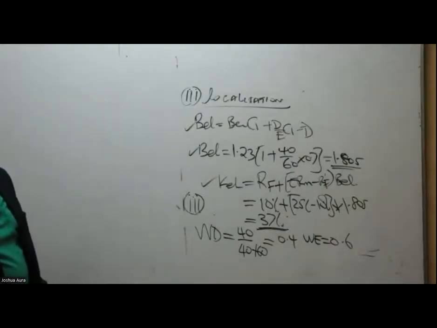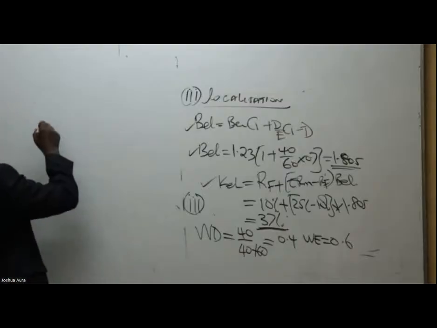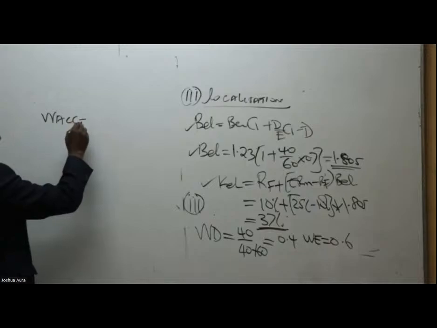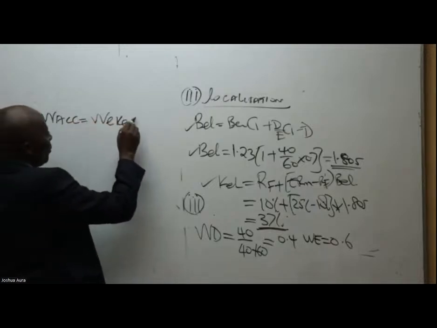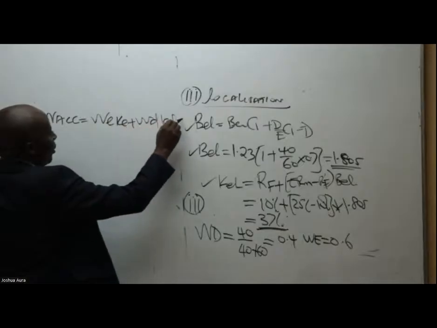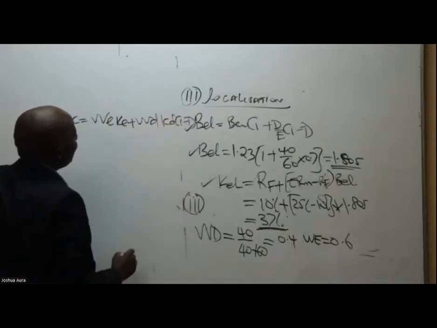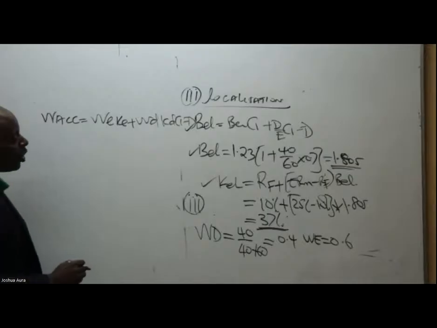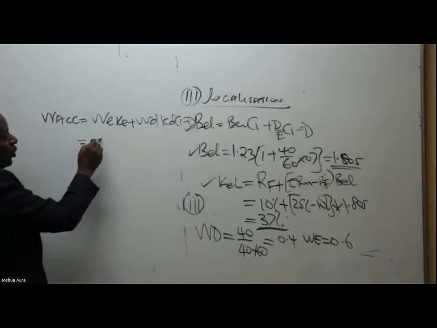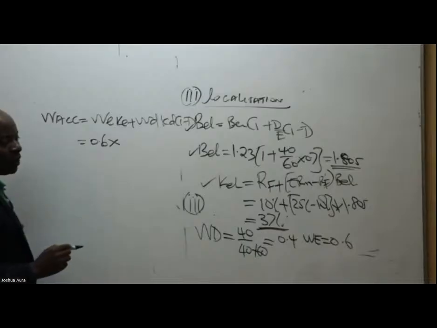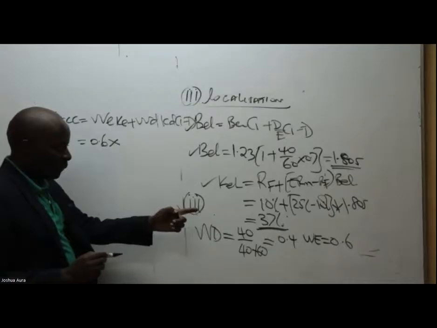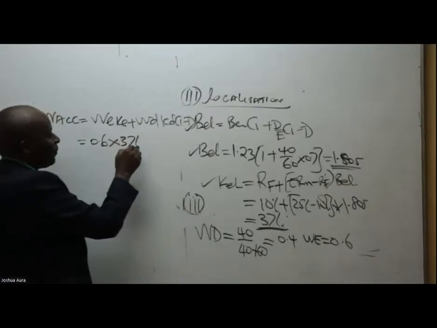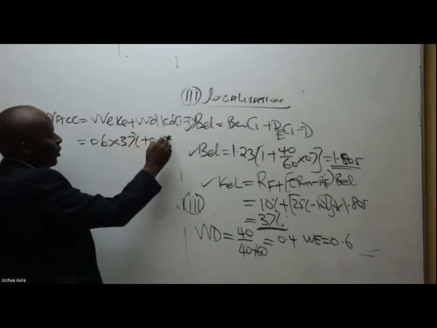All right. So after that, ladies and gentlemen, please go ahead and give us WACC. WACC will be weight of equity times cost of equity plus weight of debt times cost of debt into 1 minus taxation. Weight of equity is 0.6 times cost of equity, which is 37%, plus weight of debt 0.4 times cost of debt.